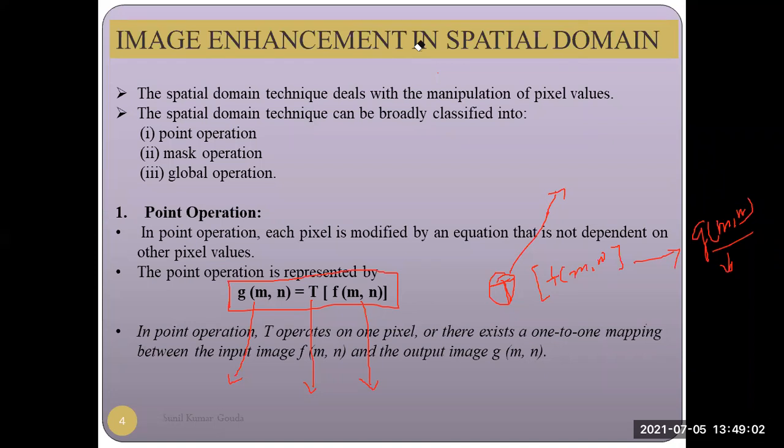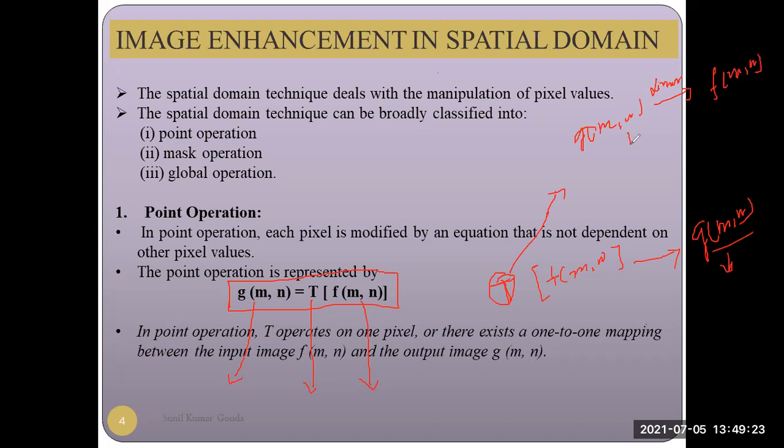So basically, if g of m,n is linearly dependent upon your input image f of m,n once I transform the pixel, then I can say this type of transformation is a linear transformation.